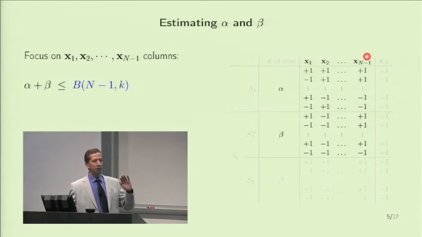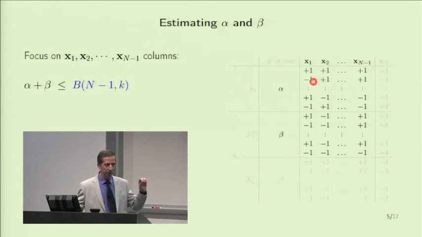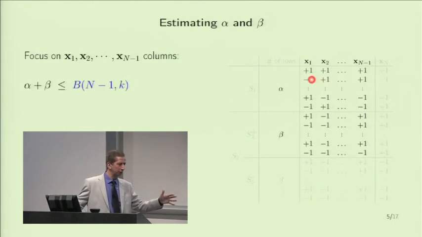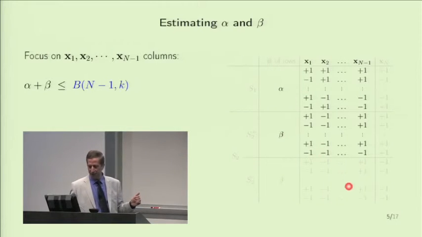So although I call them x1 up to x_{n-1}, in the abstraction here, they don't correspond to any particular input space in mind. But when they do, they will correspond to a sample, and I am supposed to pick the sample in that space that maximizes the number of dichotomies, etc., as we define the growth function. It's a sample that I pick when I apply this to a particular input space and a hypothesis set.